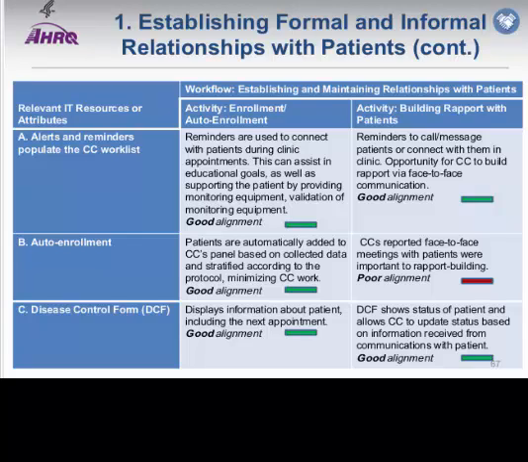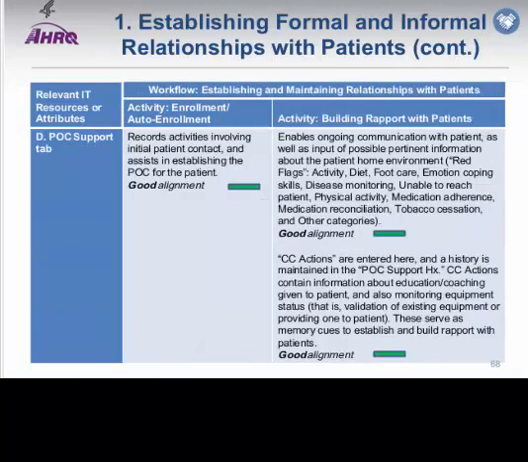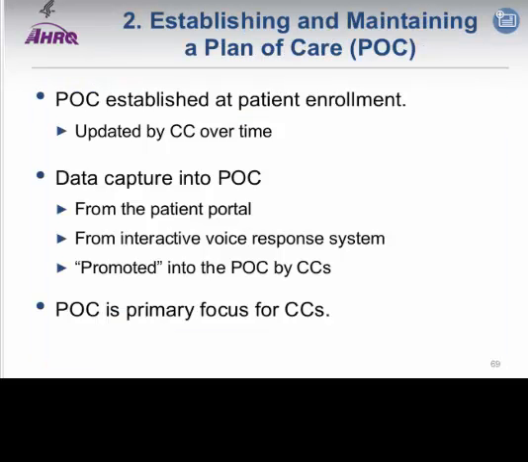Green is good, red means poor alignment, and yellow, as we'll see in some of them, means moderate alignment. You can look at these individually and see details about how that alignment works. I'm going to go ahead to the second activity, because for time reasons we'll have to take this at a high level.